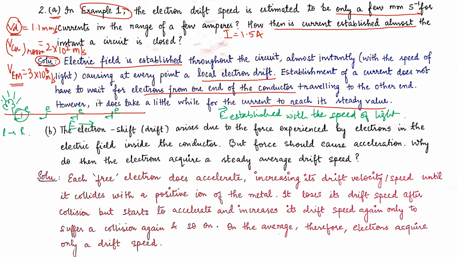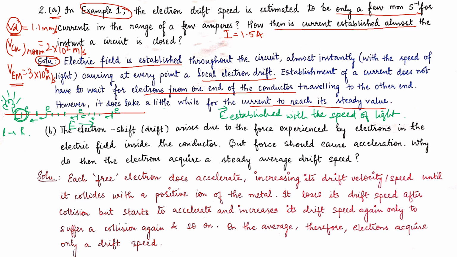Locally implies at that point itself. At every point, every electron will start drifting, a small drift. These multiple small drifts cause a current in the bulb, which lights up the bulb.